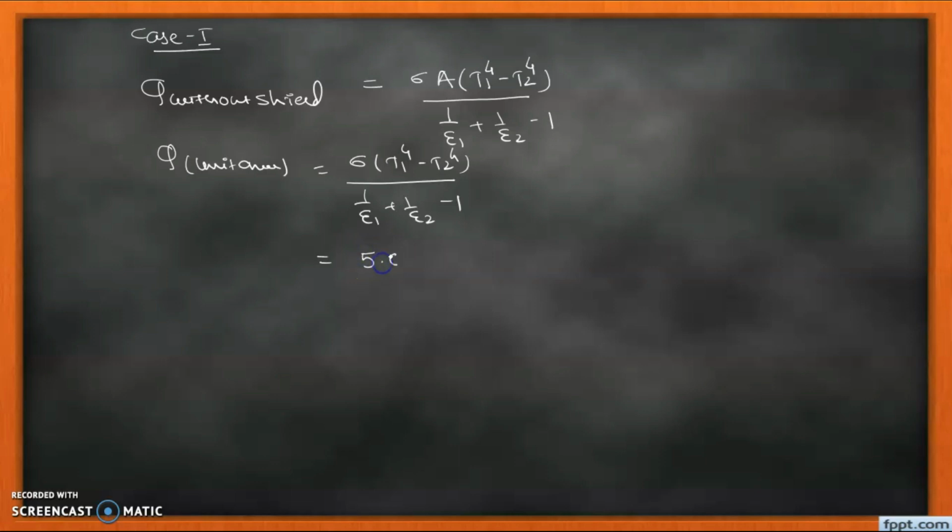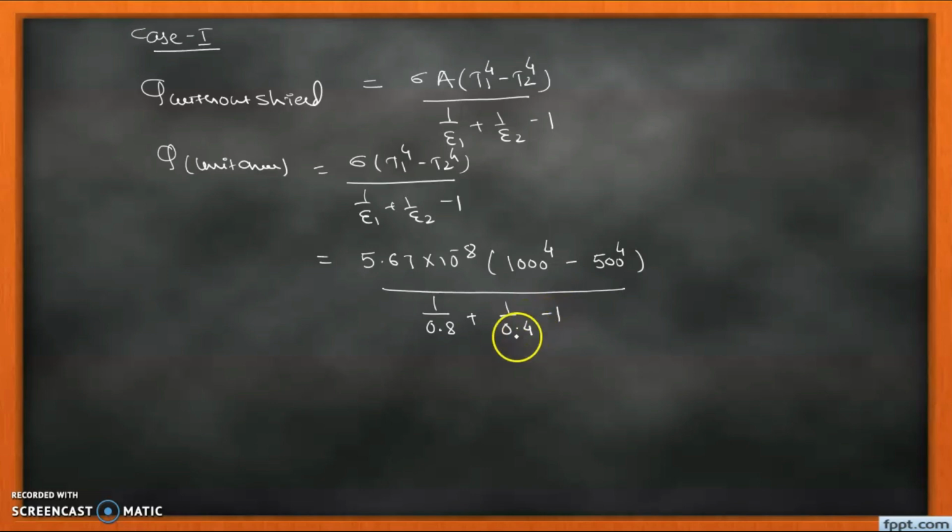So 5.67 into 10 to the power minus 8, into T1 which is 1000 to the power 4 minus T2 which is 500 to the power 4, divided by 1 upon the emissivity of surface 1, which is 0.8, plus 1 upon the emissivity of surface 2, which is 0.4, minus 1.